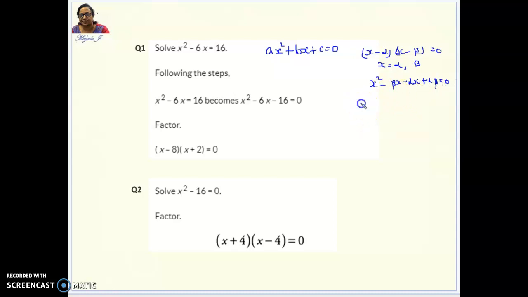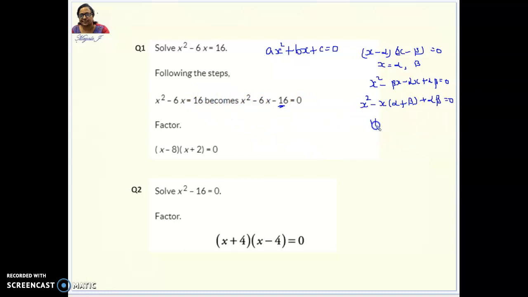When you solve it, this will be x square minus (alpha plus beta) x plus alpha beta equal to 0. So the 16 is nothing but the product of these two values, and the sum of the two roots gives the coefficient of x.